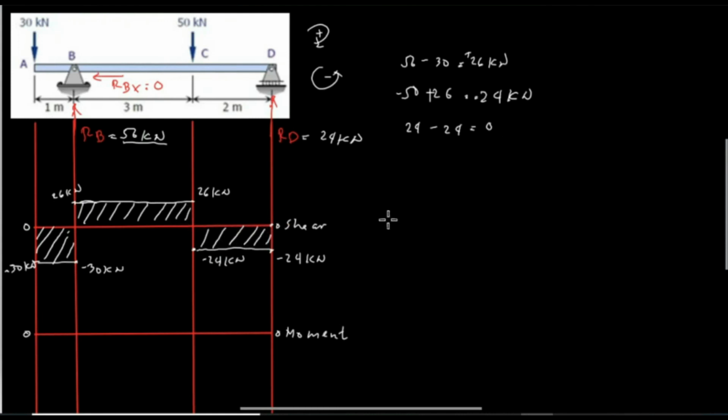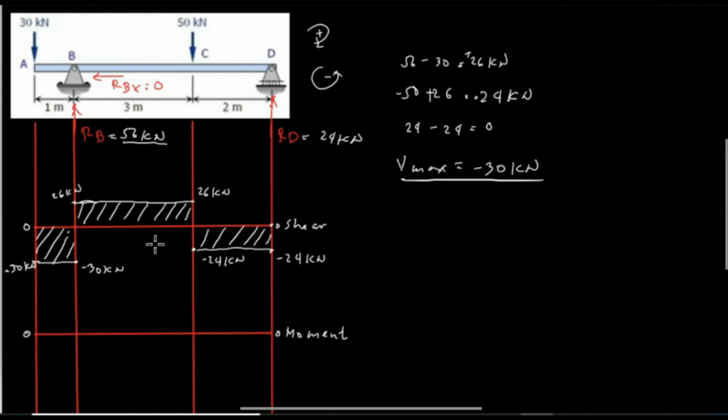For the shear values, the maximum value for shear, V maximum, is negative 30 kilonewton. So we have now the shear values from A to D. Then we'll go to the moment.